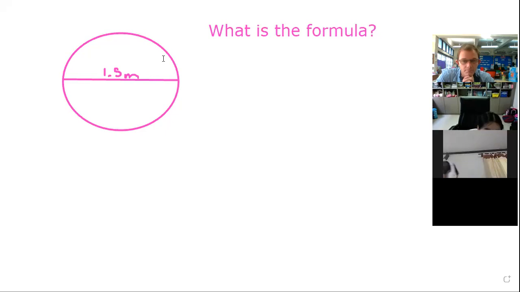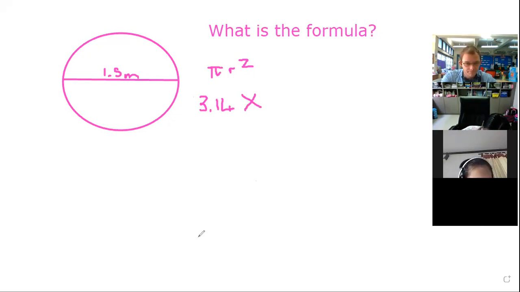Pi r squared, yes, but what will pi r squared mean? What are the values? Pi equals 3.14. Multiply, what is the radius over here? What is the radius of this circle?